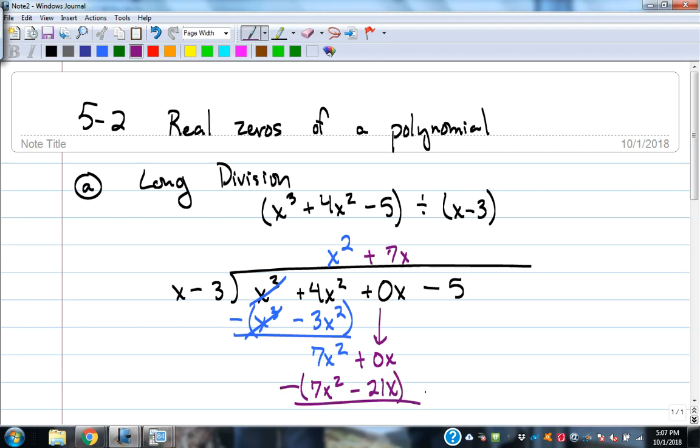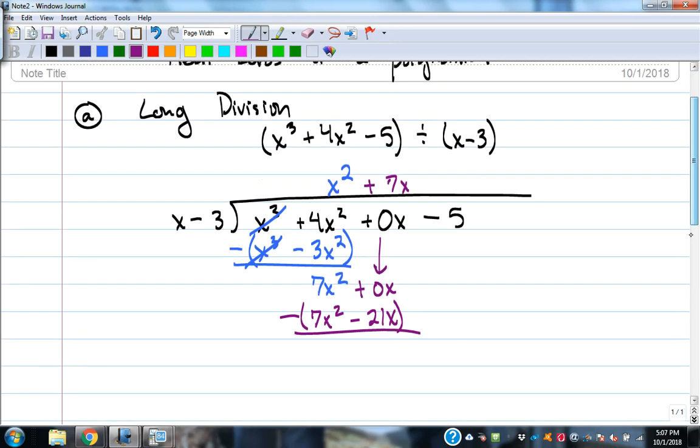Parentheses, subtract. You're going to hate me when we do synthetic because it's much easier. It's short. If you haven't ever done synthetic, it's easier. All right, now subtract these. 7x squared minus 7x squared, we'll cut each other out. Okay? 0 minus negative 21 will be positive 21x. Okay? So these cancel out.